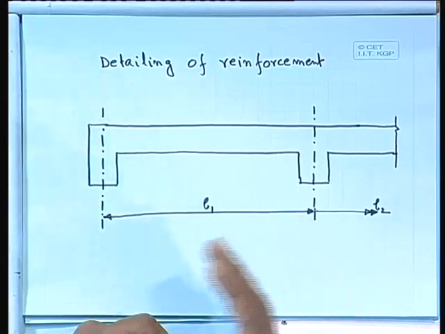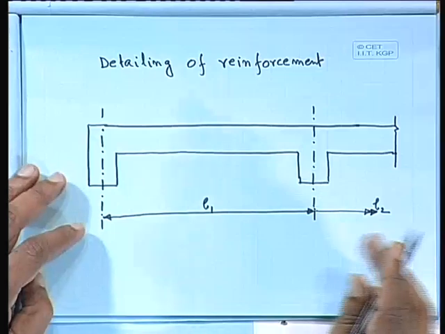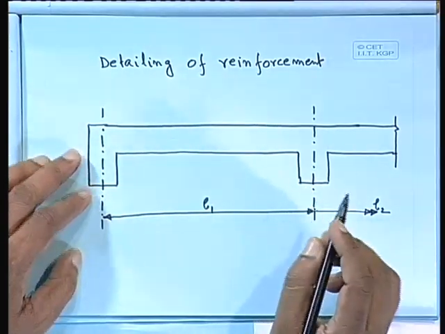In the wrong side, particularly in a cantilever, if you specify the reinforcement on the wrong side, because the main reinforcement in the cantilever is at the top, not at the bottom, sometimes there is a failure immediately after casting. When the shuttering is removed, immediately it fails, immediately it breaks. That is a very common one, and it happens also. So, that is why the detailing of the reinforcement is very, very important, and it should be done carefully.